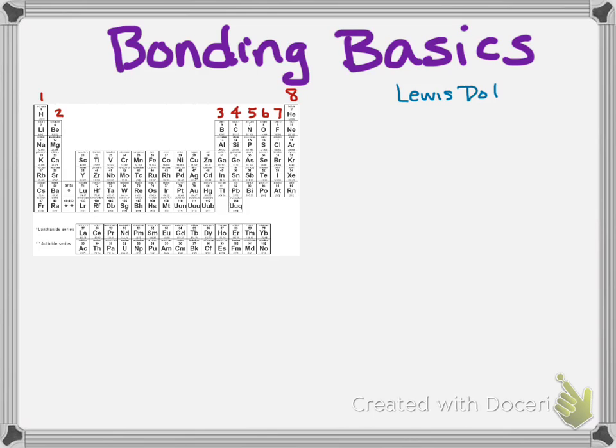Okay. And the Lewis dot structures work like this. This is such an easy topic. All you have to do is look at the number of valence electrons.